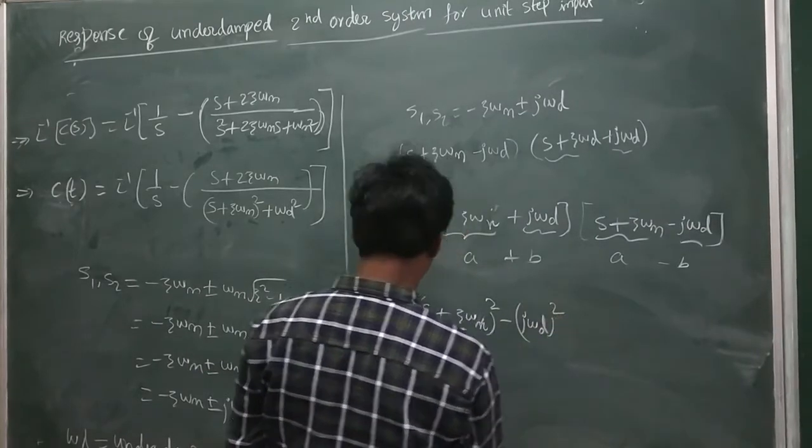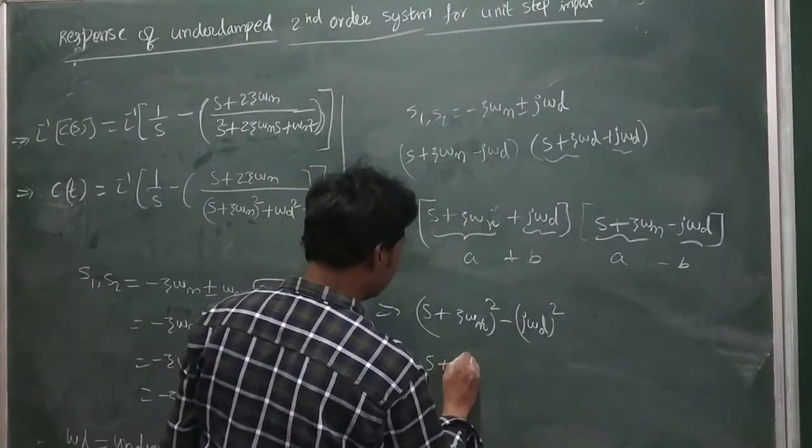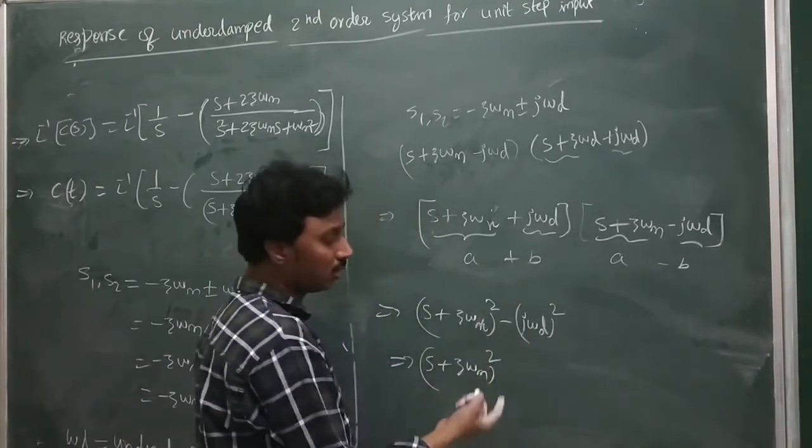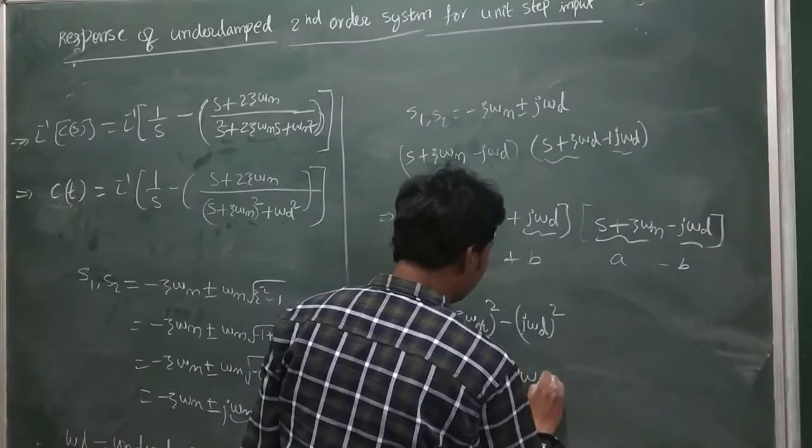So what happened: (s plus zeta omega n) whole square, and j square is equal to minus 1, so plus omega d square.